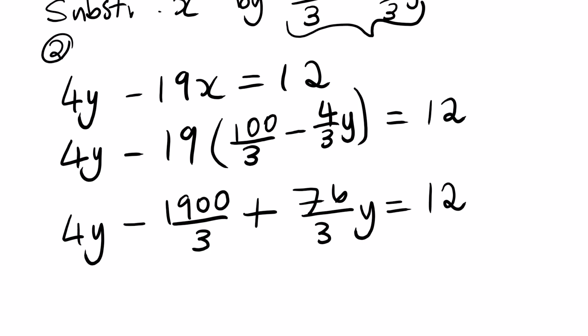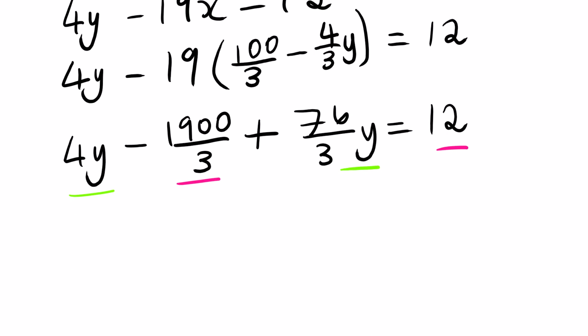Now remember, the next step, we look at variables which have the coefficients. Actually, the coefficients with y variables, we consider them as like terms. Then another like terms is this one and this one. So we need to group the like terms. 4 plus 76 over 3 is actually 88 over 3.